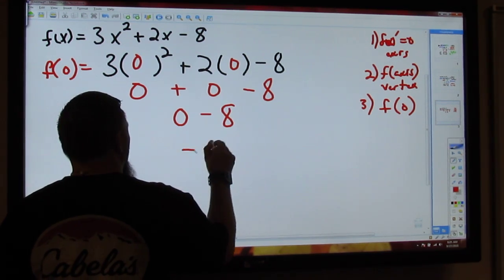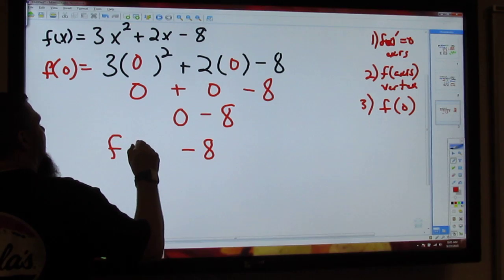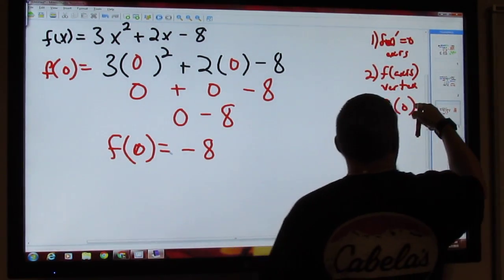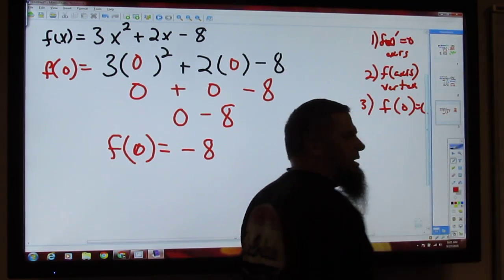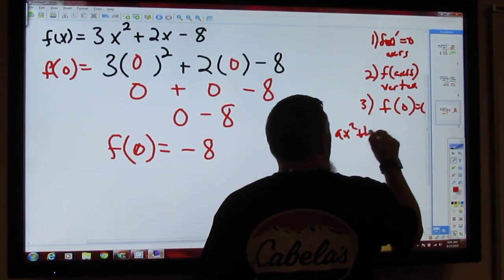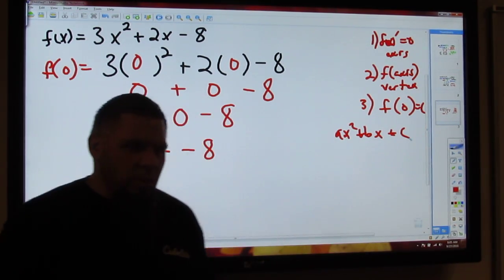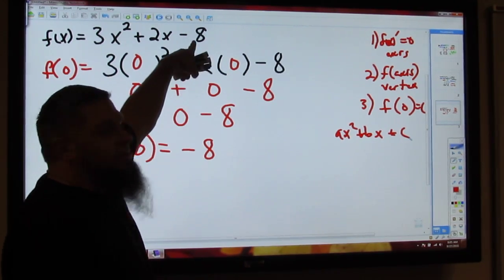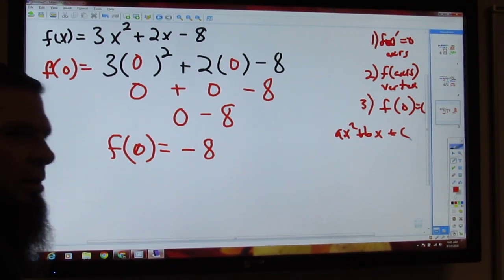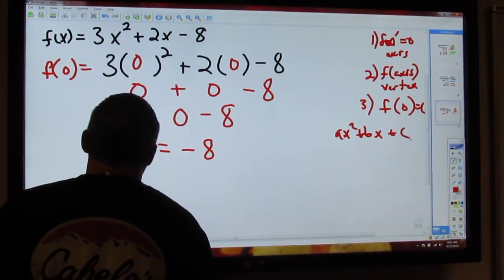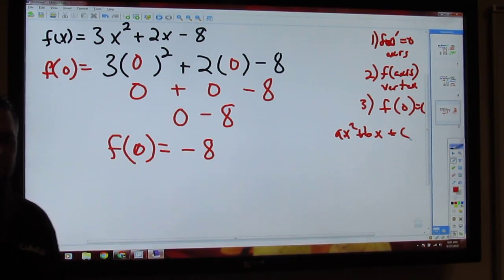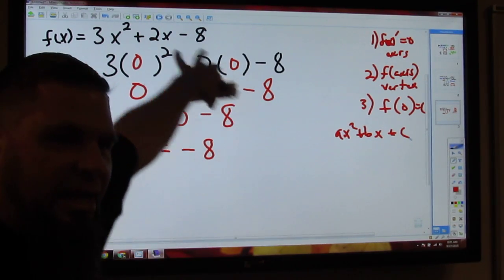We got it. So f of 0 is equal to negative 8, and remember I said f of 0 is equal to c when ax squared plus bx plus c is your quadratic. It's always going to be this number. Wait, so the x is always going to be 0? No, when x is 0, the answer is always c, whatever that last number is.